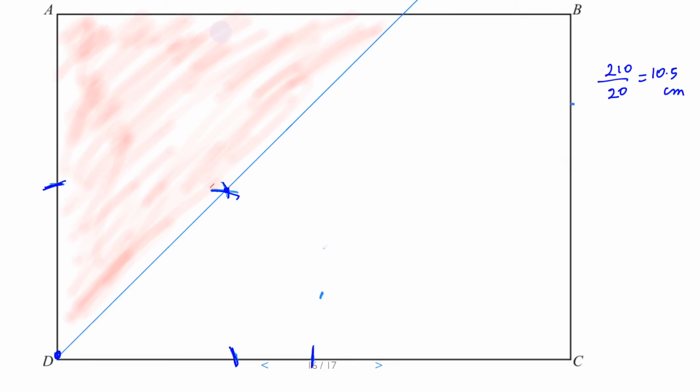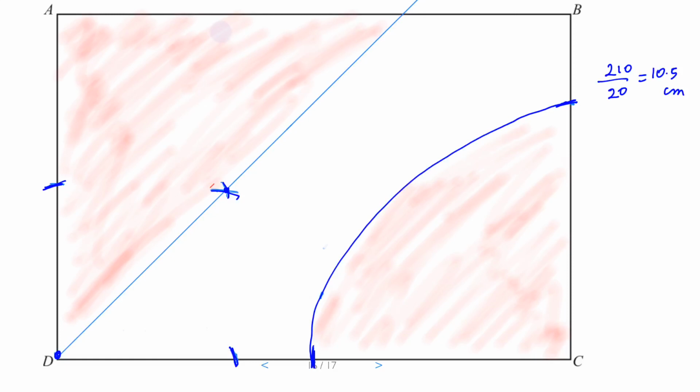So that will be this way and here it will be like this. After that, we will have to shade the inside part because they want less than 210 and this area is less than 210. So we have finished shading and this is the answer to our question.